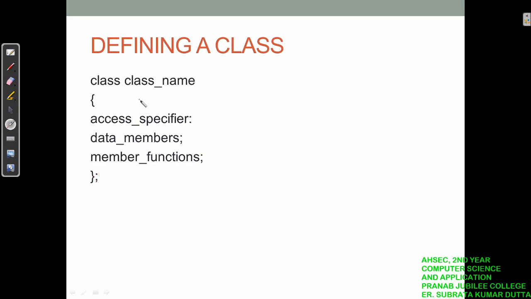So see why we are using class. In an array also, what we have done is we have taken a collection of data. Here also we are taking a collection of data, but in an array we can take only the same type of data, say numbers, whereas here we can take data plus functions. Say I have to maintain a record of students.